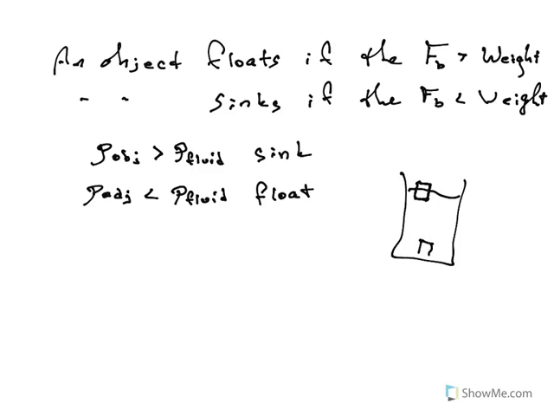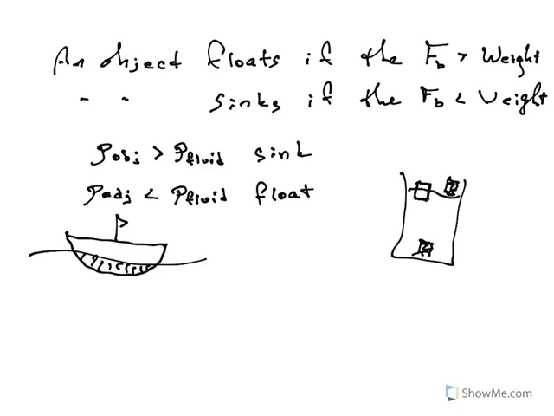The ice doesn't sink all the way to the bottom, and it doesn't just sit on the top. It actually floats, but some of this ice remains above the water level. And the same goes for a ship. If you have a ship, for instance, or a boat, well, part of the boat will be underneath the water, and some of it will be above.